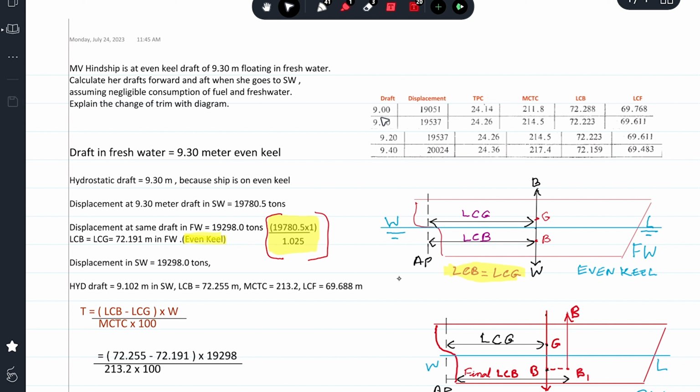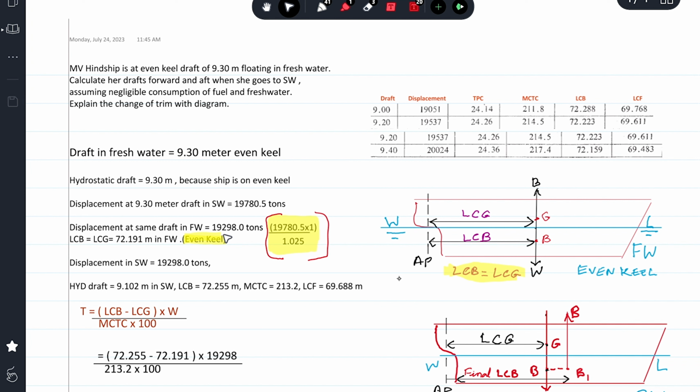Okay, here is the extract from the particulars. So it's here. Between 9.2 and 9.4, you can interpolate for 9.3, which is exactly halfway, and you get the saltwater displacement 19780.5.